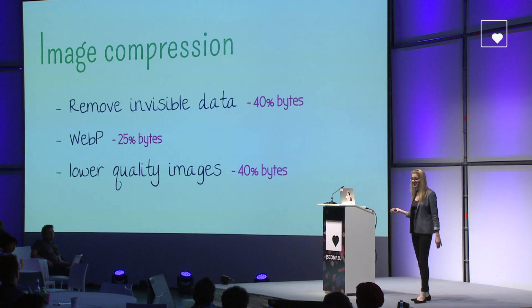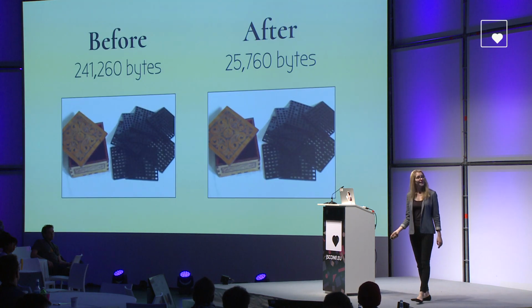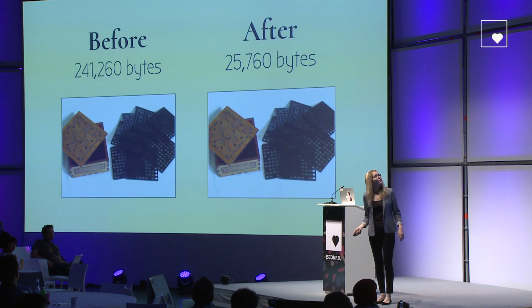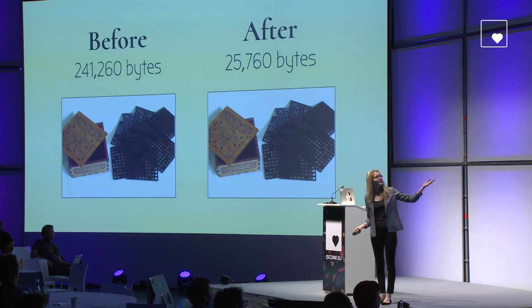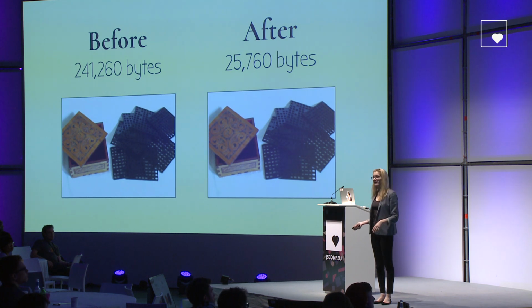So now, when we apply these 3 things on an image, let's look at the before and after. So before, we have 240,000 bytes for the left image, and the right image has 25,000 bytes. That's about a 90% reduction in bytes.